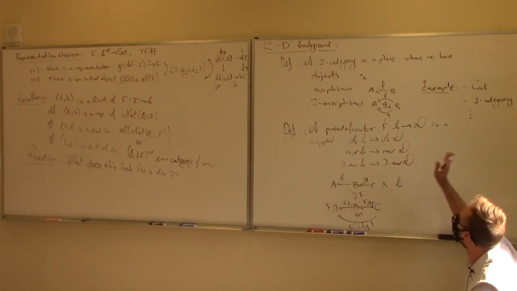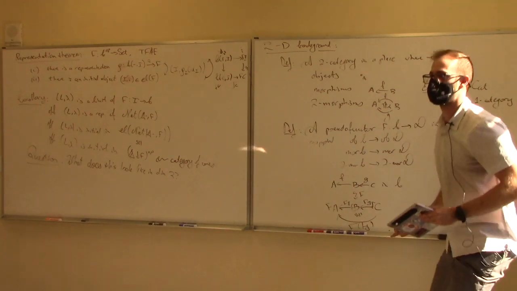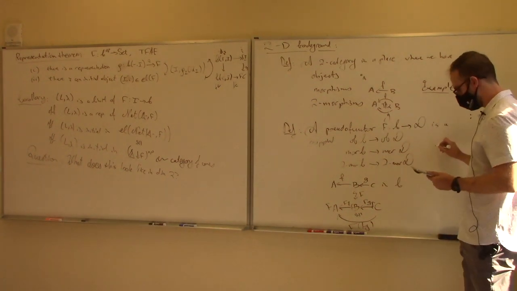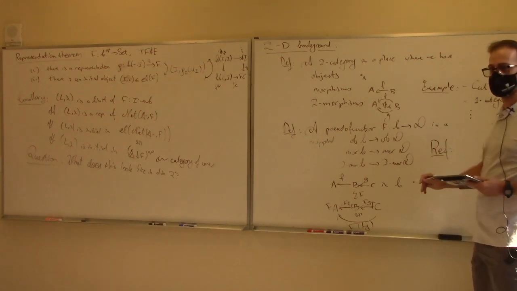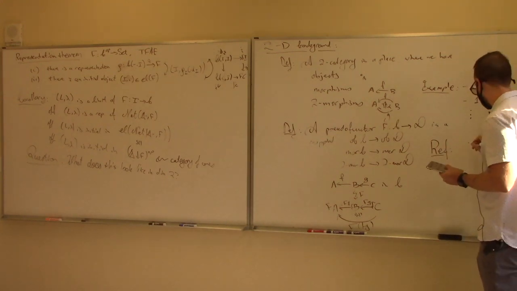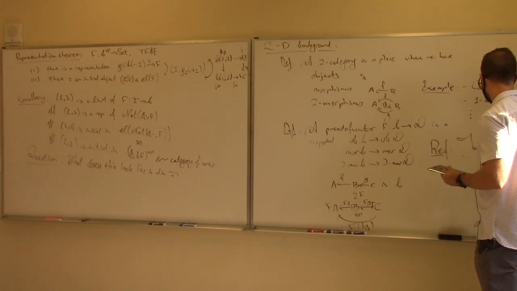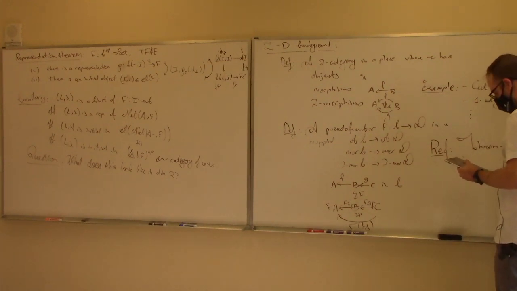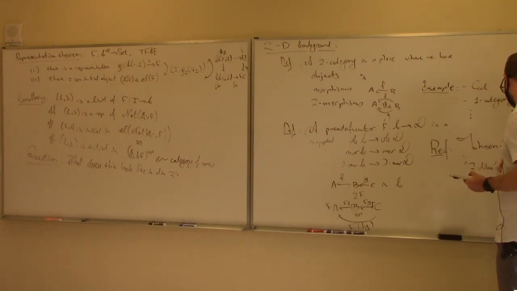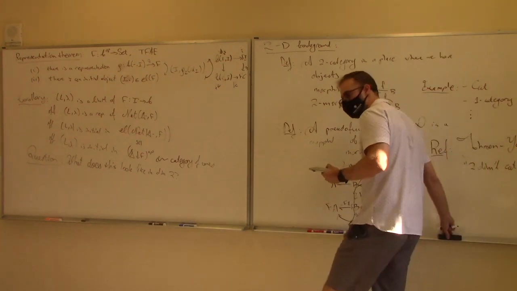And there are just a bajillion laws about this, and I'm not going to say anything about that, except point you to what I think is a great and also the unique reference on 2-categorical stuff. That is the book of Johnson and Yau, and it's called Two-Dimensional Categories, if you'd like to know more.